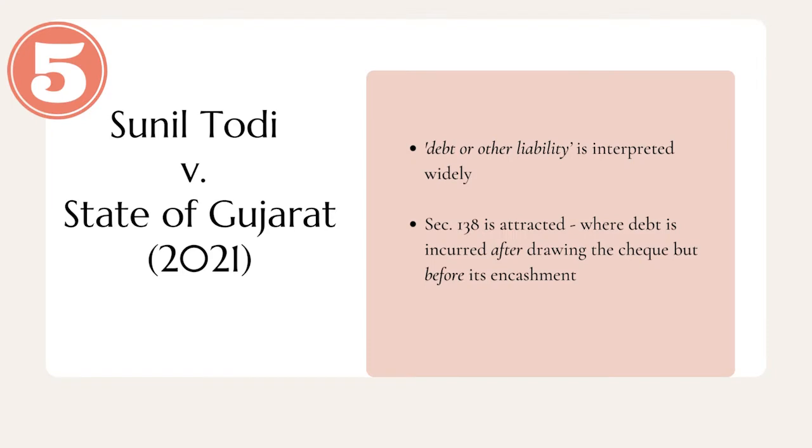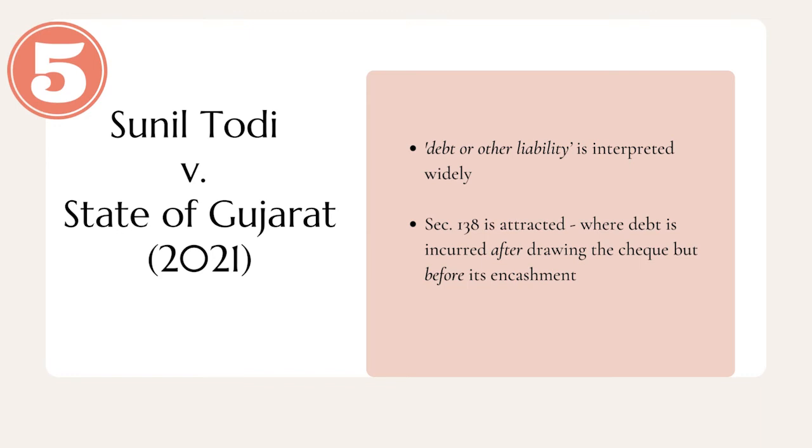Our next case is Sunil Todi versus State of Gujarat, decided in the year 2021. Here the phrase 'debt or other liability' is widely interpreted to widen the scope of debt. The explanation to section 138 provides that debt or other liability means a legally enforceable debt or other liability.